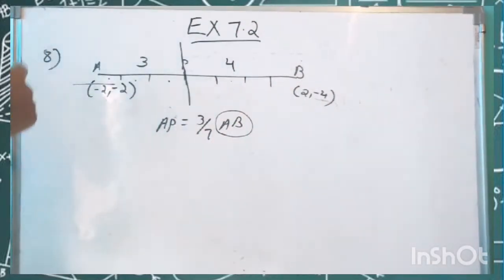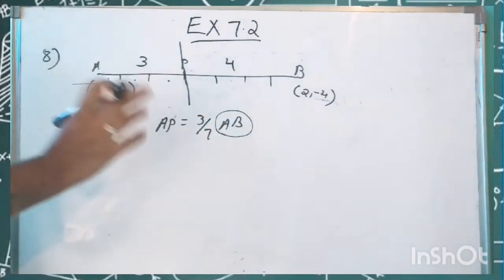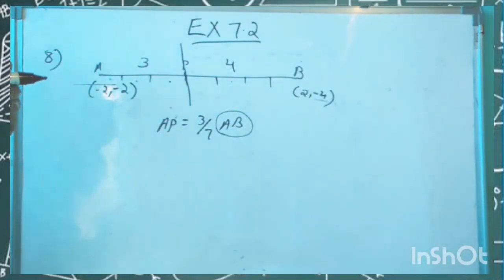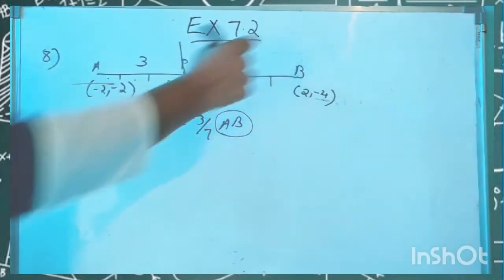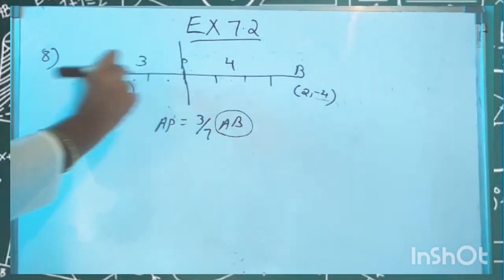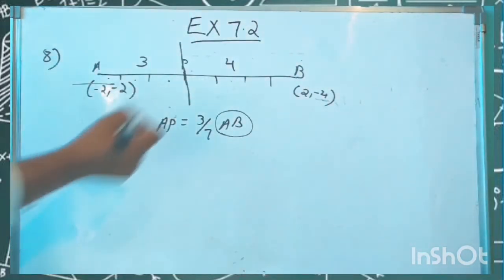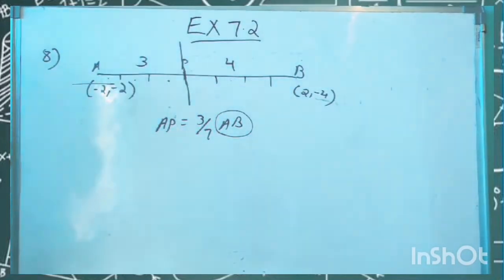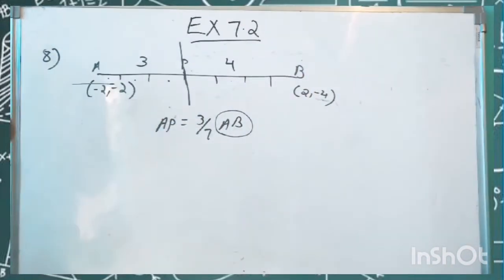Once again, AP is equal to 3 by 7 AB means AP is the first 3 parts of AB, and then the remaining 4 parts make PB equal to 4 by 7 AB.